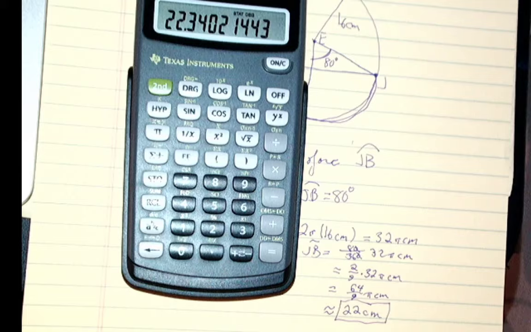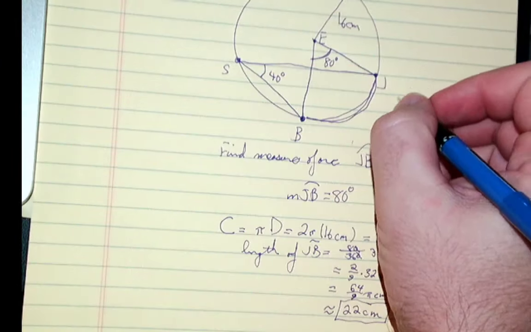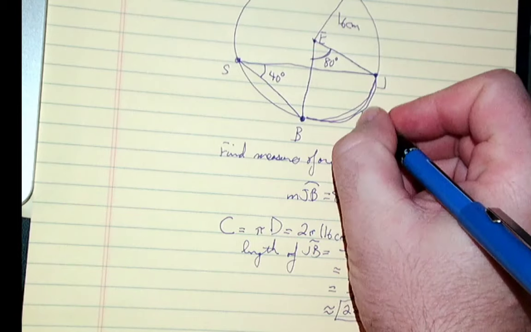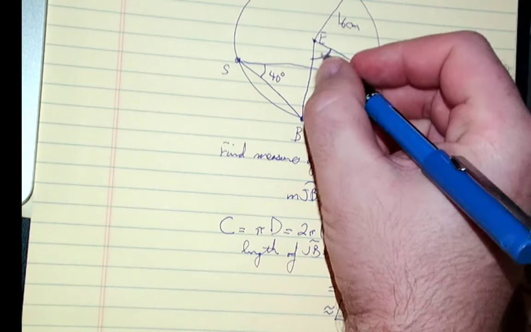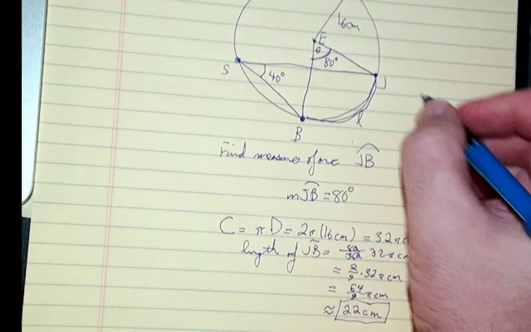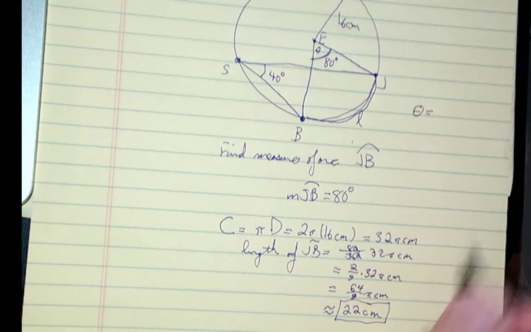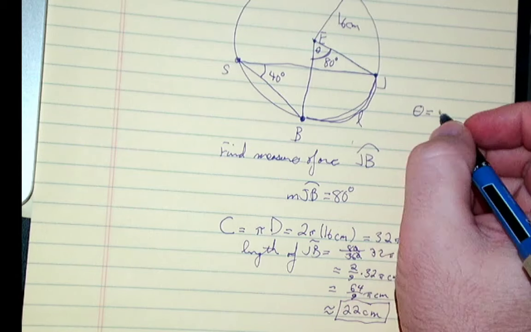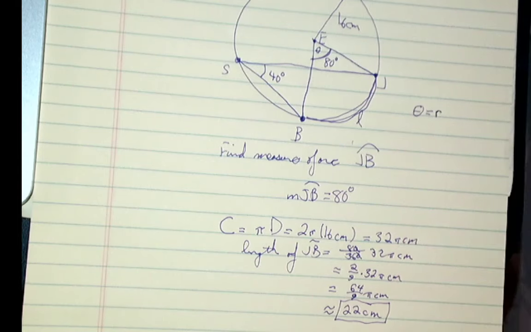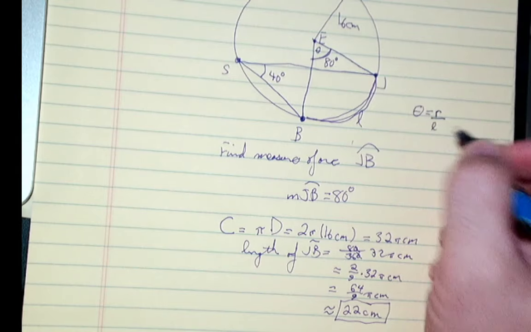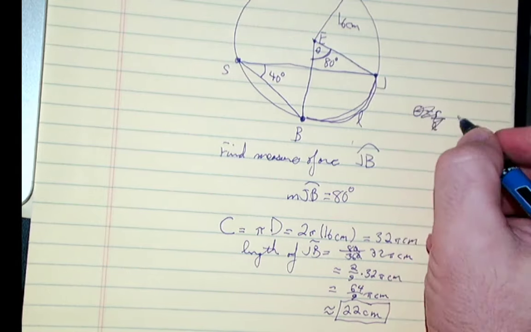Because remember, the way radians were defined is, if this is our arc length L, I'll just call this L for the moment, then this angle up here, I'll call it theta for the minute, is equal to... ugh, I've got that completely backwards.